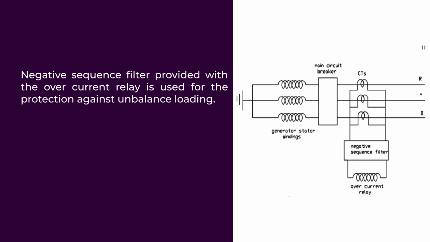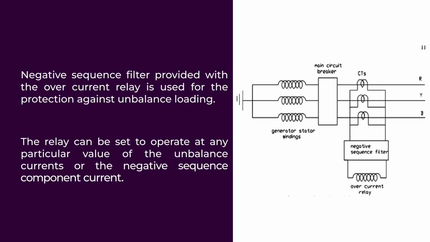The negative sequence circuit consists of resistance and capacitor, and these are connected in such a way that negative sequence current flows through the relay coil. The relay can be set to operate at any particular value of unbalanced current or negative sequence component current.